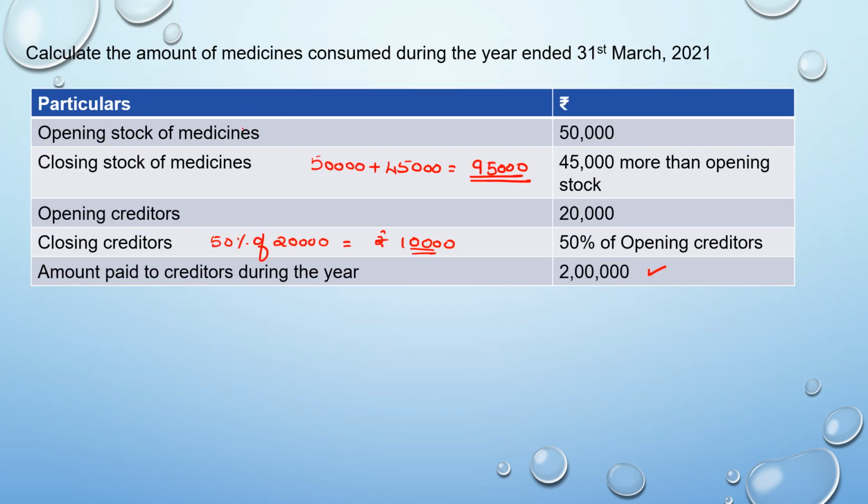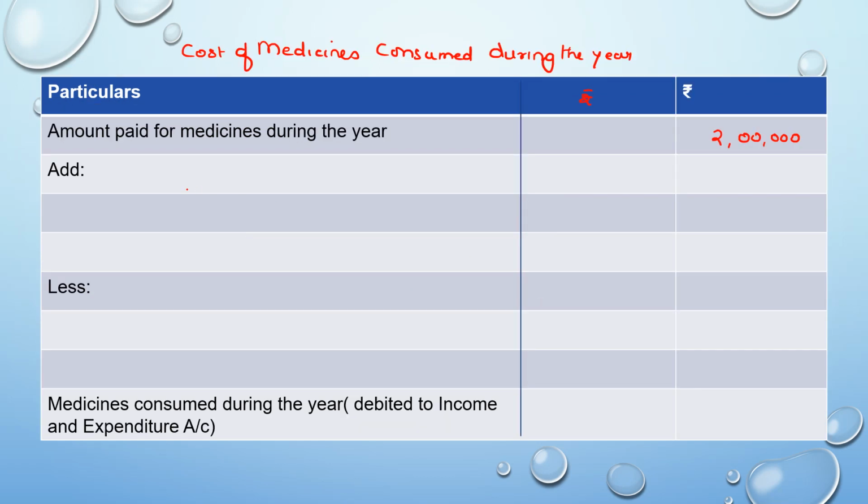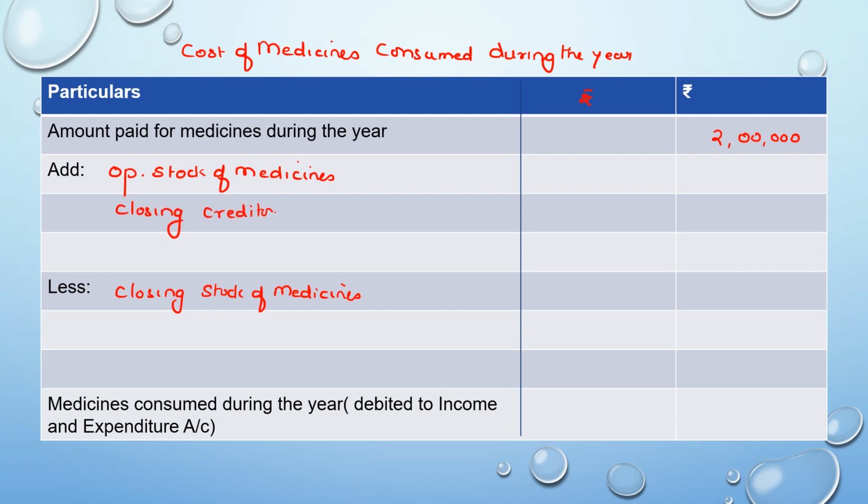We just have the opening and closing stock of medicine, opening and closing creditors. So what do we add? We add the opening stock of medicines and we subtract closing stock of medicines. And we add the closing value of the creditors and we subtract opening creditors.